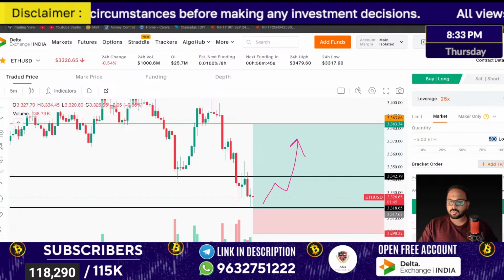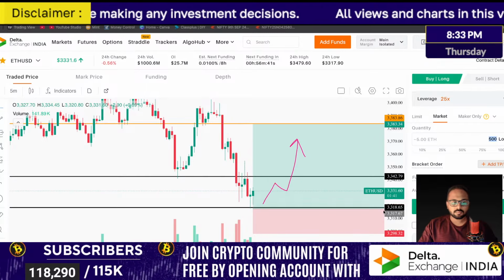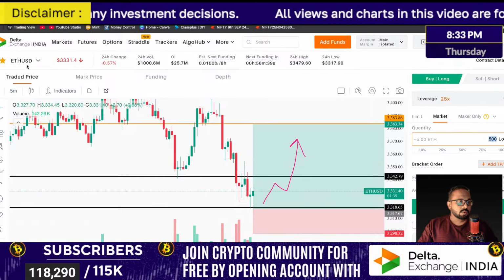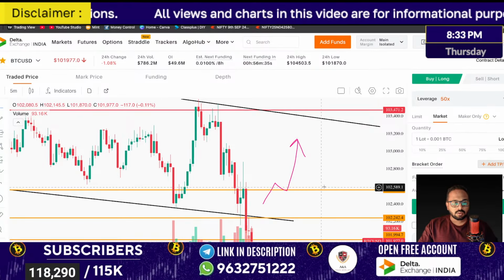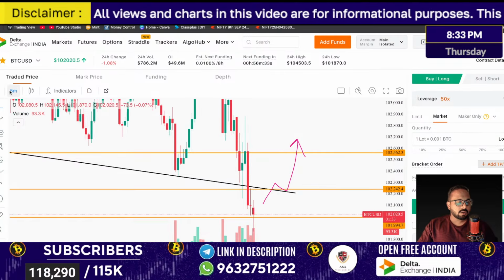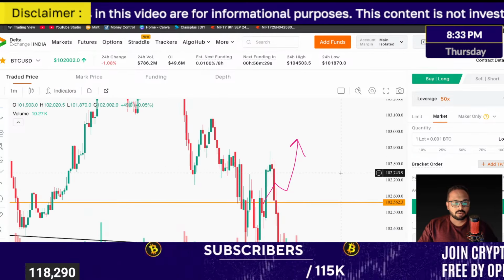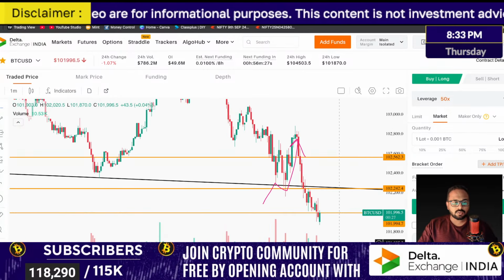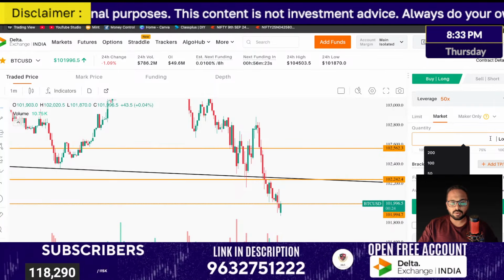Let's switch to 1 minute. What I can try is, in BTC, I can go for the 1 minute time frame. Here, there is a chance of reversal as per my expectation.